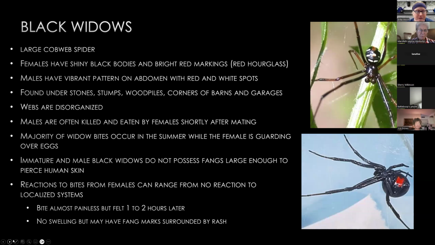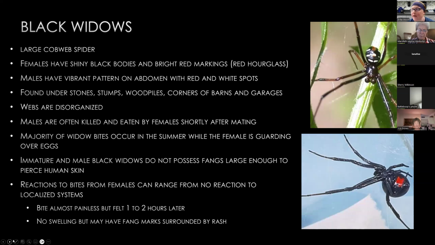But I can give you some information from what we tend to see when it comes to these spider bites. When you are bitten, most of the time the bite is painless. You may almost not even realize that you were bitten until a couple hours later, and that's usually when the pain may set in.